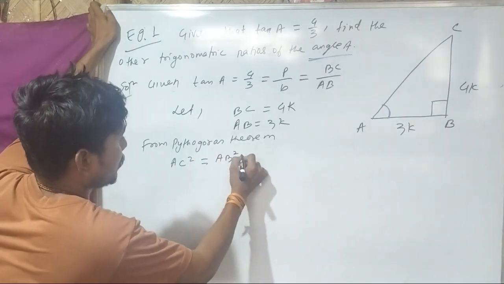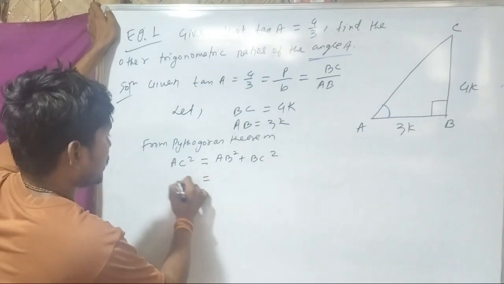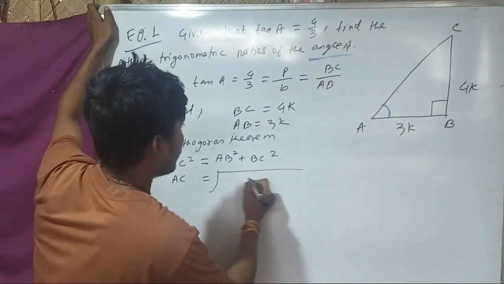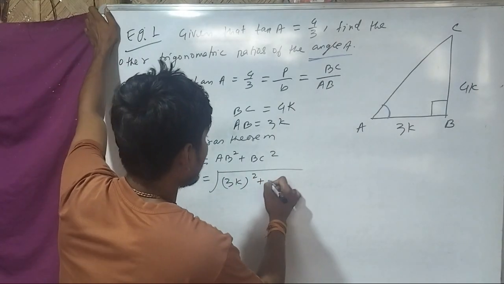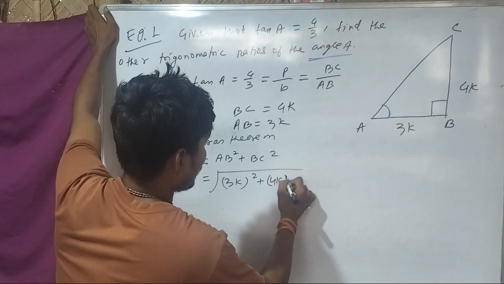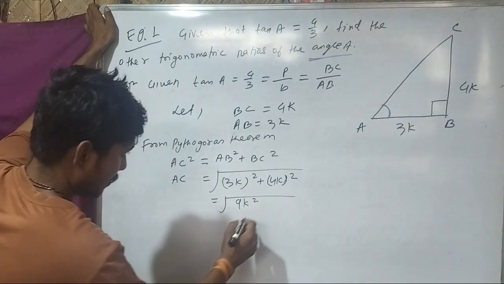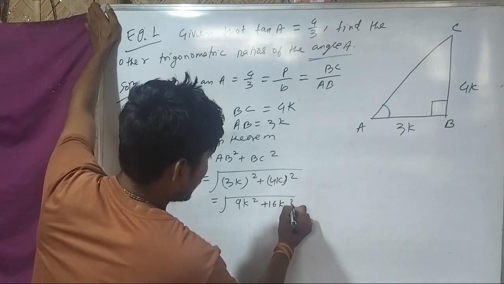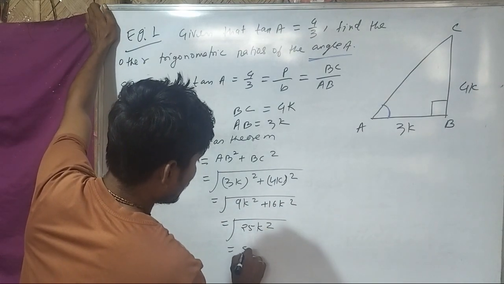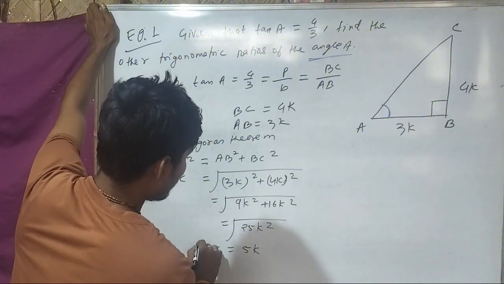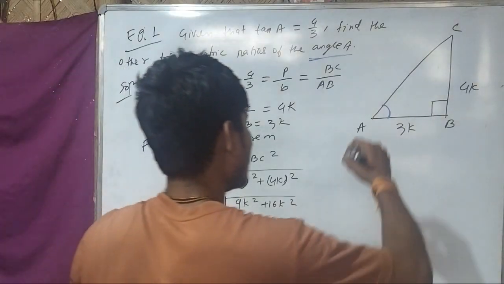So AC square equals AB square plus BC square, which is 3K square plus 4K square. That is 9K square plus 16K square, which is 25K square. So AC will be 5K. Root over 25 is 5 and K square is only K. So we get AC as 5K.